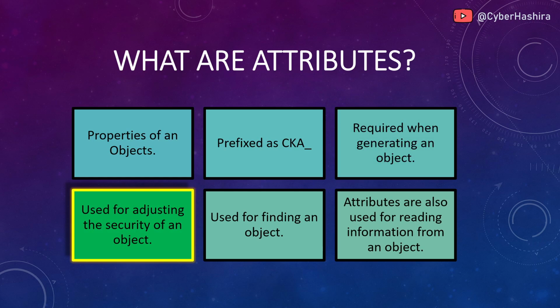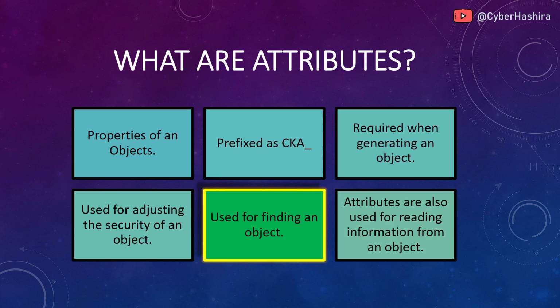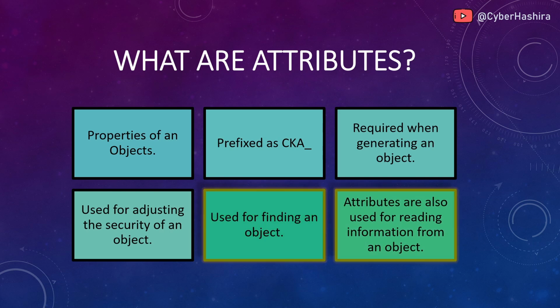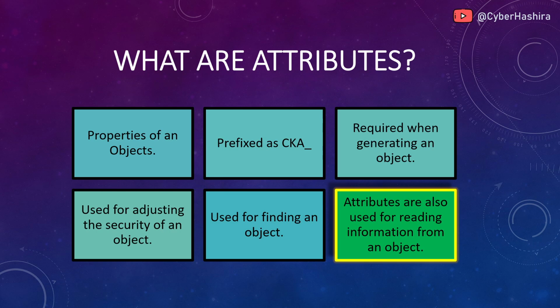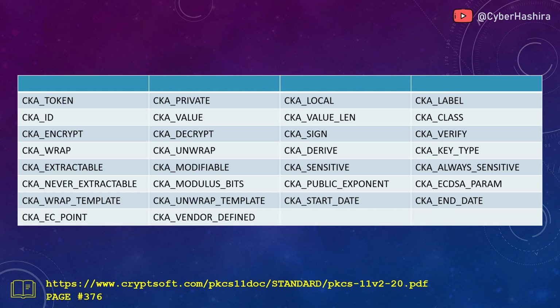Attributes can also be used to adjust the security and access level of an object. Every object in PKCS 11 has an attribute, and those attributes can also be used to find those objects. Attributes are also required if you want to read some information such as label or a key value of an object. And these are some common attributes that I will be discussing in this video.